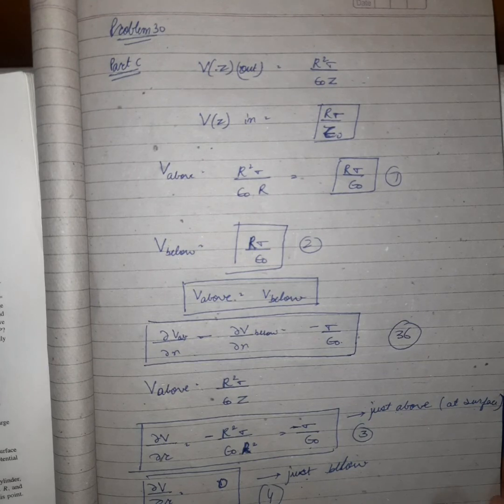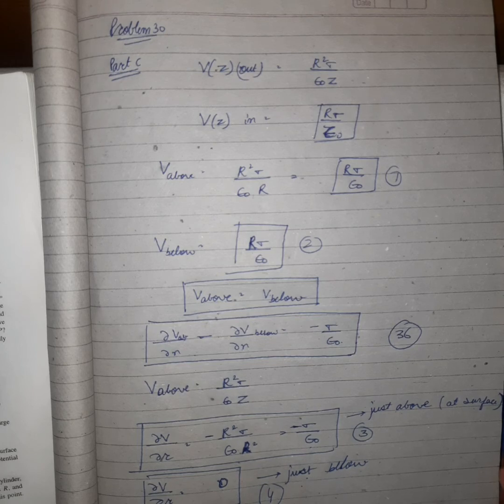For parallel components, we have E above equal to E below, and V above equal to V below. For perpendicular, we have E above minus E below equal to sigma upon epsilon naught. And if we are talking about potential, we have del V above minus del V below equal to minus sigma upon epsilon naught, which are equations number 33, 34, and 36.